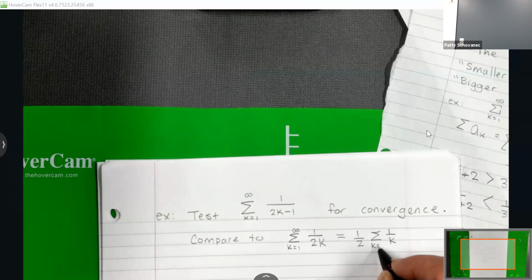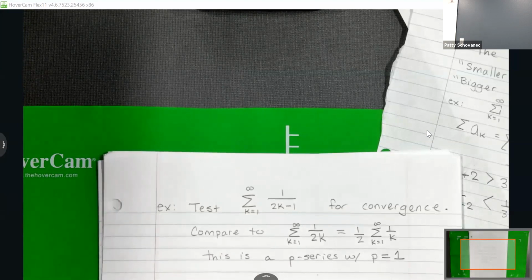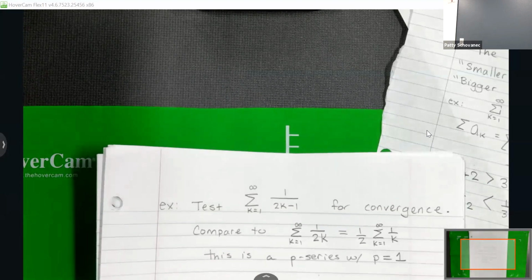That's a p-series, where p is equal to 1. P-series converged only if p was strictly larger than 1.